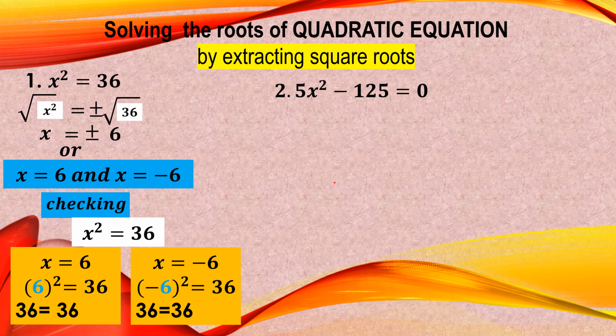We have to see what is the numerical coefficient of our variable with an exponent of 2. So there is a 5 in there, but at the same time, we need to write it first in this way. The variable x squared should be on the left and then the constant should be on the right.